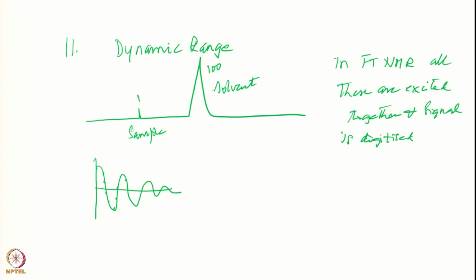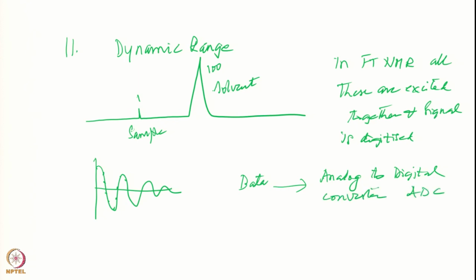How is it stored in the data? The data is digitized, right, as I told you. Data is digitized and there is this device which is called an analog to digital converter, also called ADC. Okay.